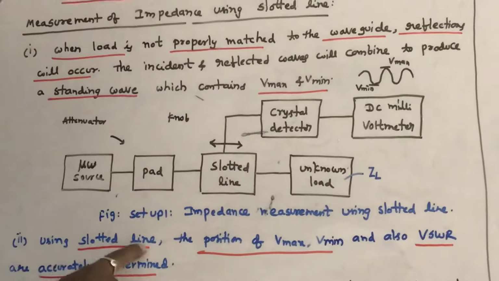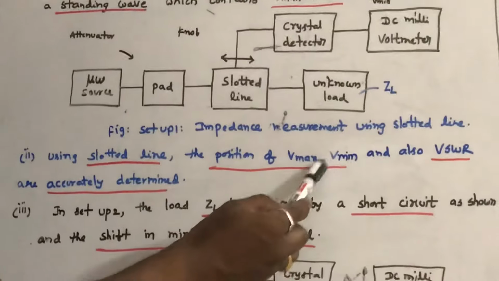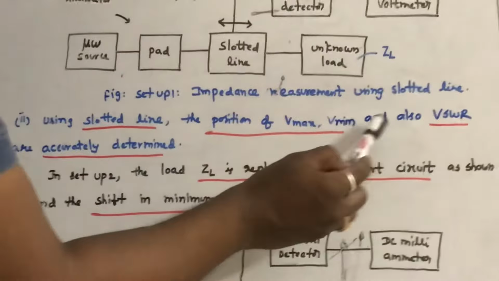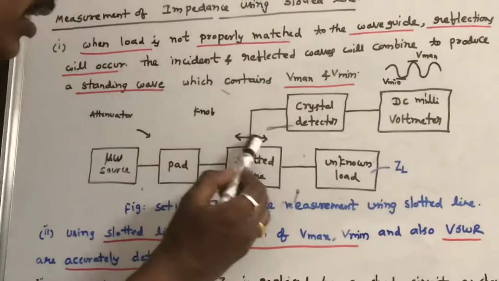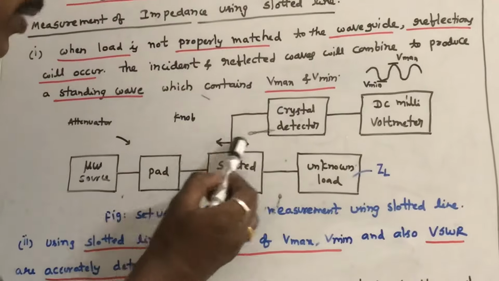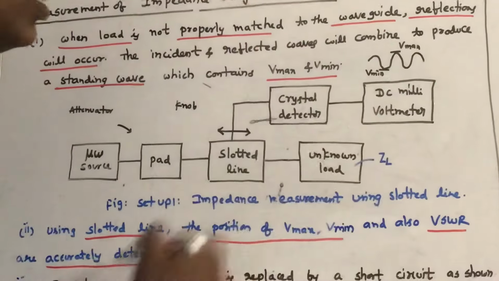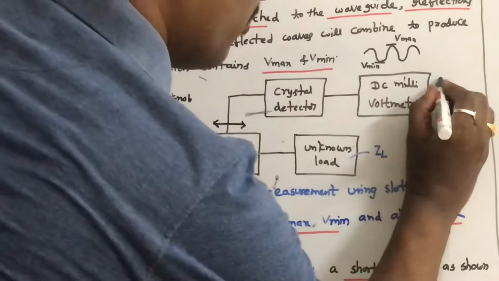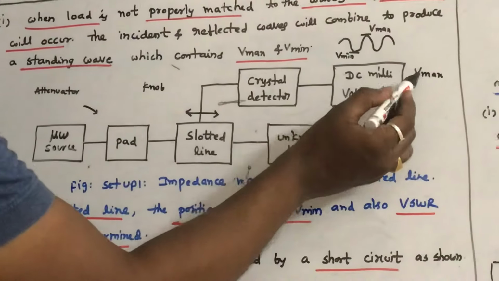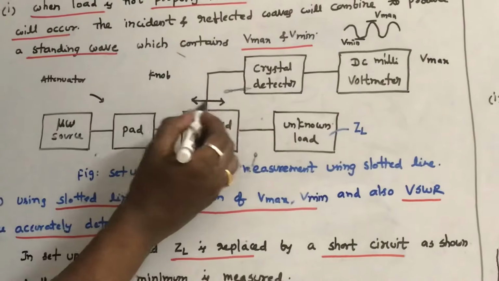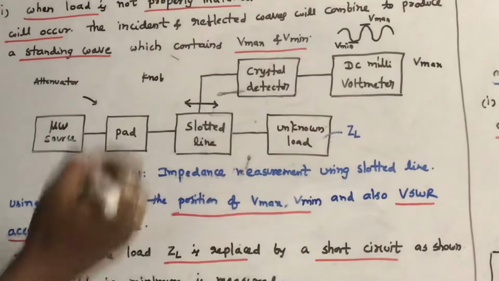Now, using slotted line, the position of Vmax and Vmin and also VSWR are accurately determined. By moving the probe inside the slotted line, first we find Vmax and note down the reading on the slotted line, at what position Vmax is occurring.